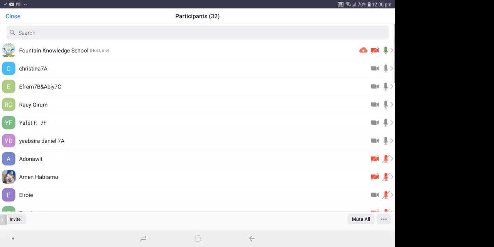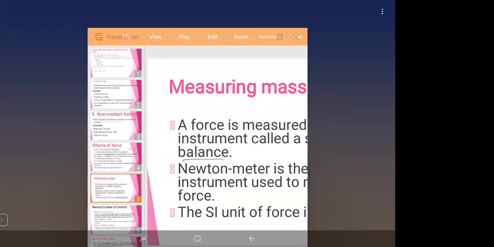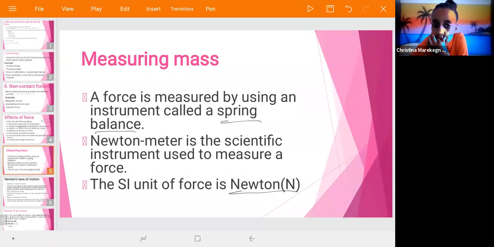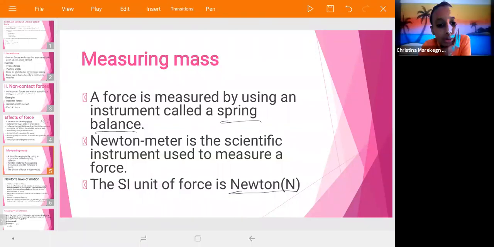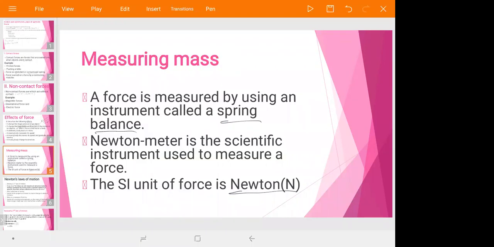Newton's laws of motion. We have three of Newton's laws of motion in our physics: Newton's first law, Newton's second law, and Newton's third law. If you remember our unit one discussion of famous scientists, Newton is one of the famous physicists in our world.